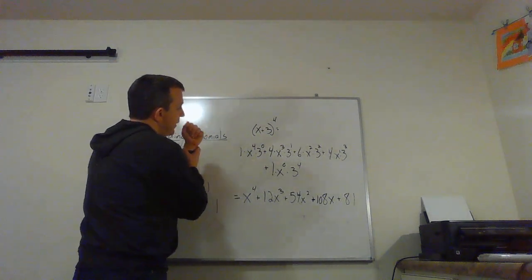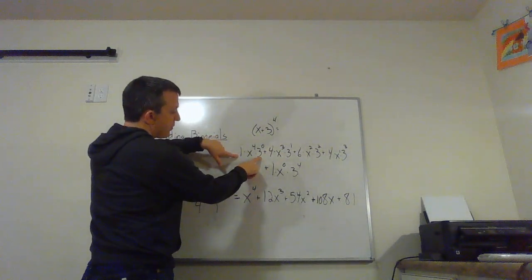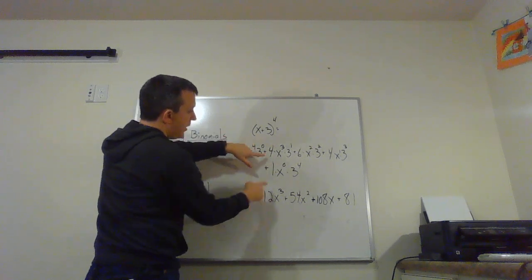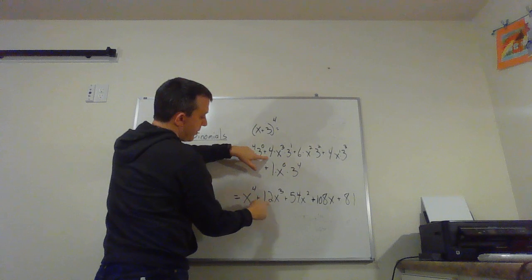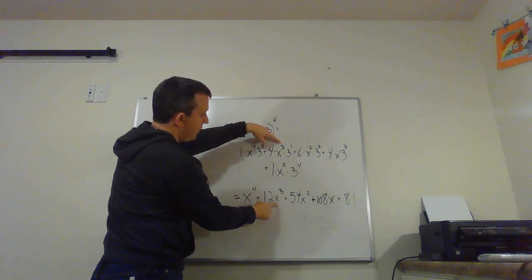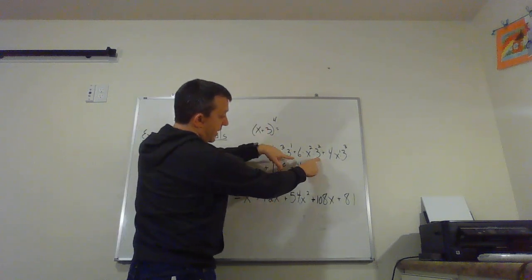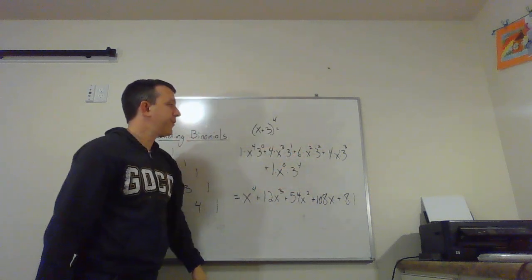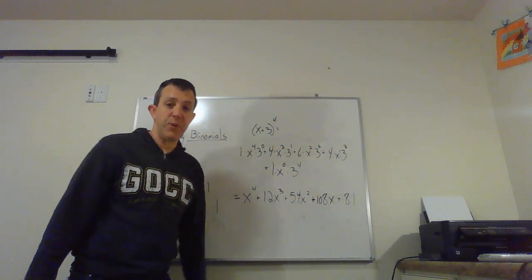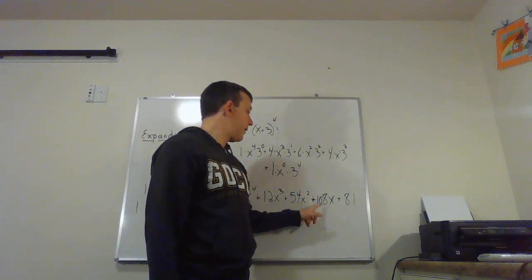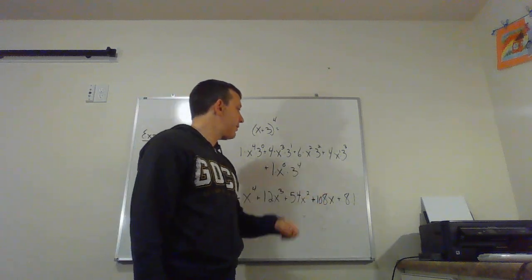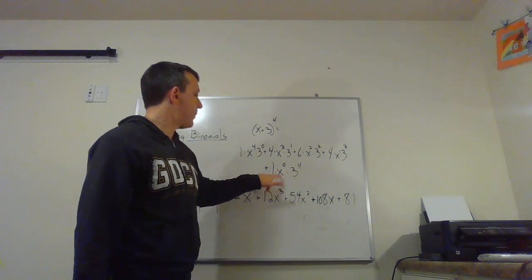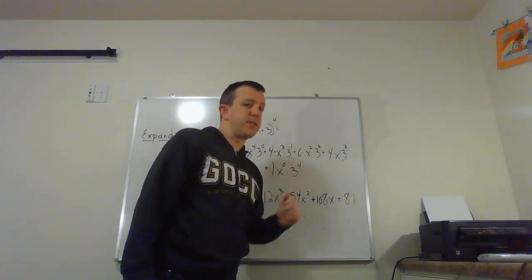So when we do that, anything to the 0 power is 1, so this is just 1 times 1, so x to the fourth. 3 to the first is 3, 4 times 3 is 12, x cubed. 3 squared is 9, 6 times 9 is 54, x squared. 3 to the third is 27, times 4 is 108, single x, and then finally 3 to the fourth is 81, and again anything to the 0 power is just 1, so this last term is just 81.